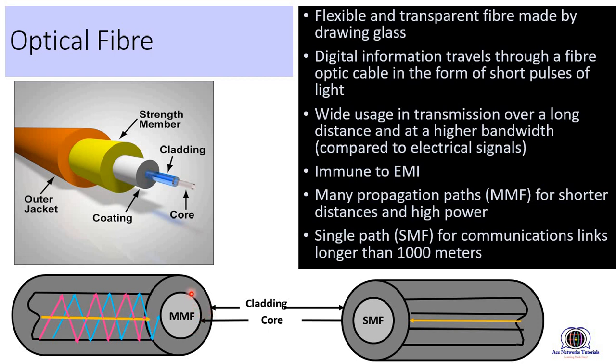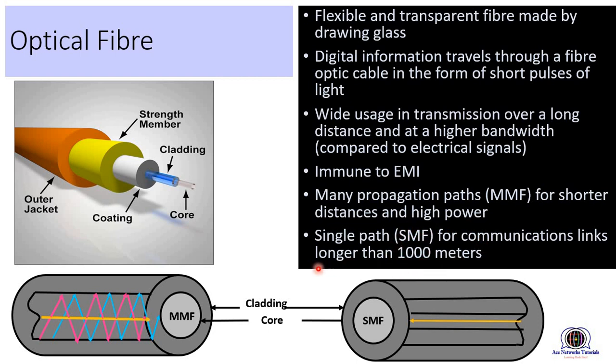Multi-mode fibers generally have a wider core diameter. They are used for short-distance communication links. Fibers that support a single mode are called single-mode fibers. Single-mode fibers are used for most communication links longer than 1,000 meters.